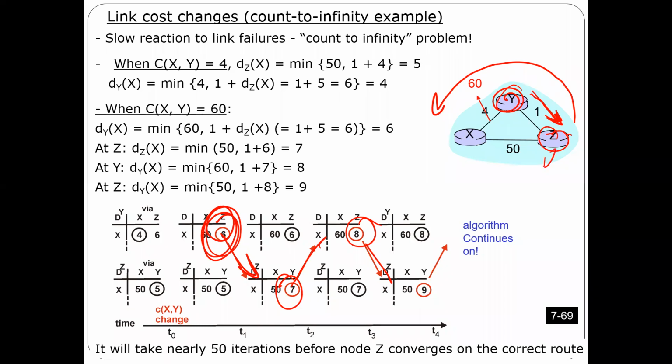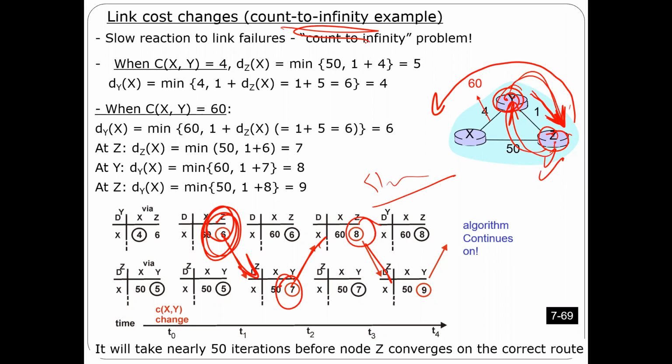So when I change my cost to X here, and Y is also using me to forward to X, any change here is going to trigger a change here, and a change here triggers a change here. It's going to continue this way. It's going to take a very long time, very slow convergence. This is a problem here.